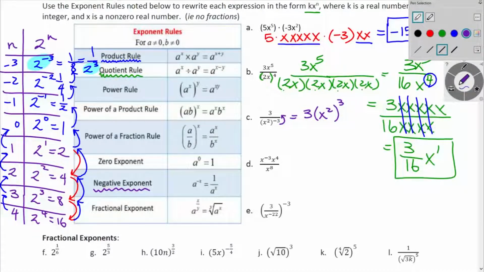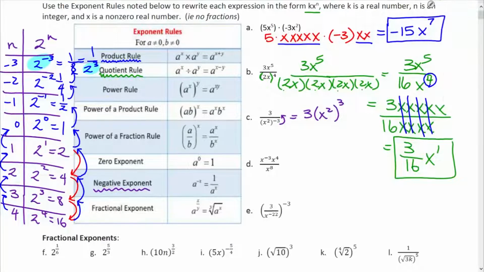Okay, now I'm going to go over and talk about what's called the power rule, because I have an exponent being raised to an exponent. If I think about 3 is just hanging out, x squared to the third power is x squared times itself 3 times.